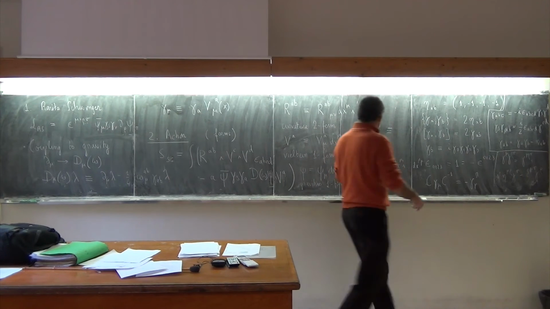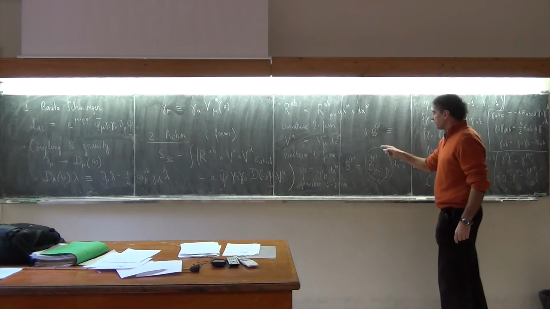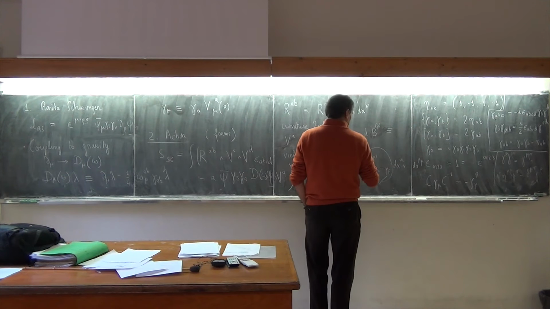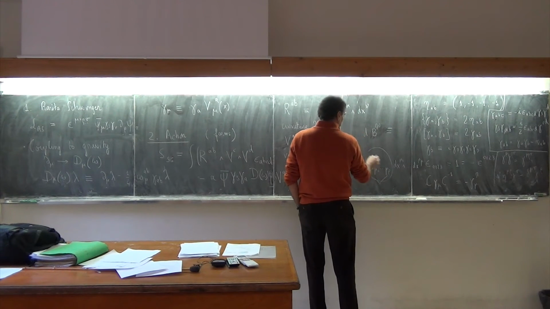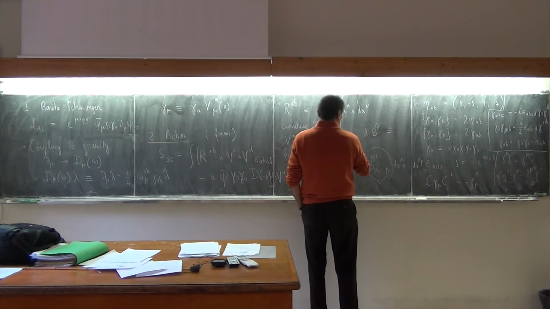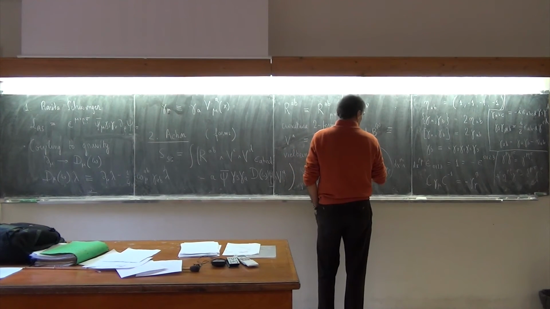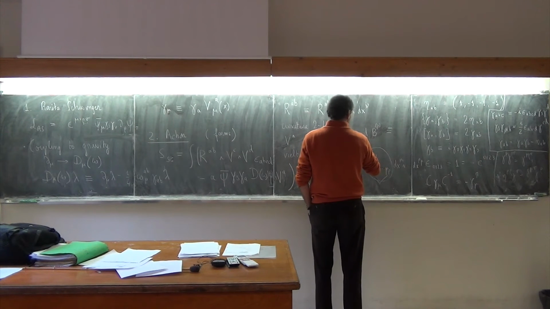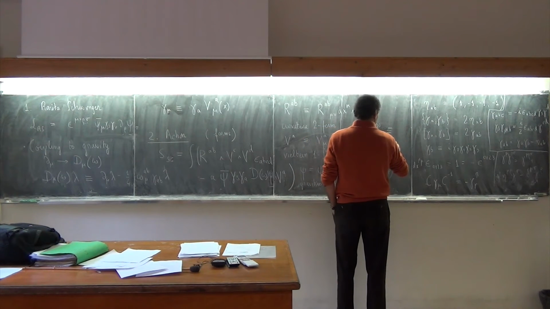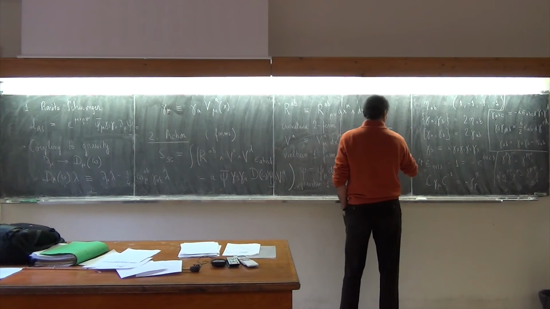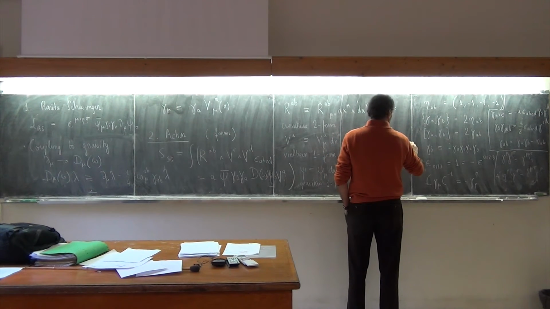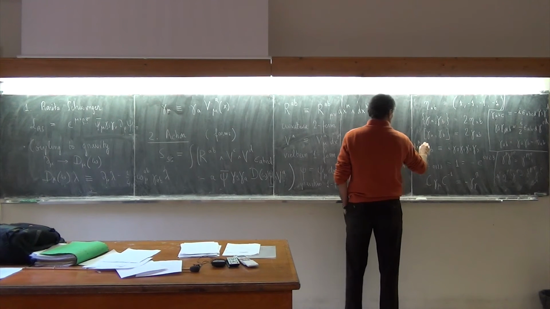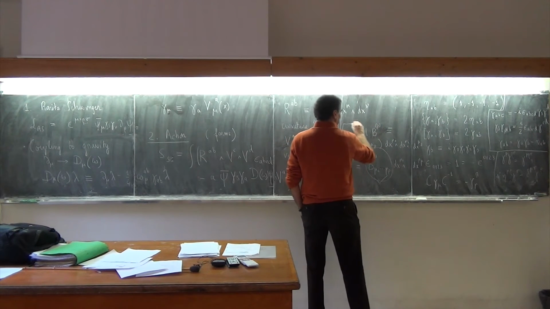But here I did not finish the definition. Well, the definition of this is easy. This is simply defined as the derivative on mu0 of the component p mu1 to mu p, times dx mu0 dx mu1 up to dx mu p. This is the definition of the exterior derivative.